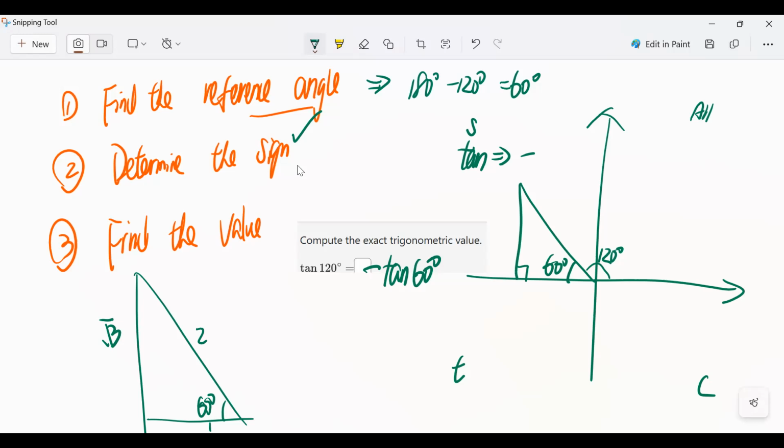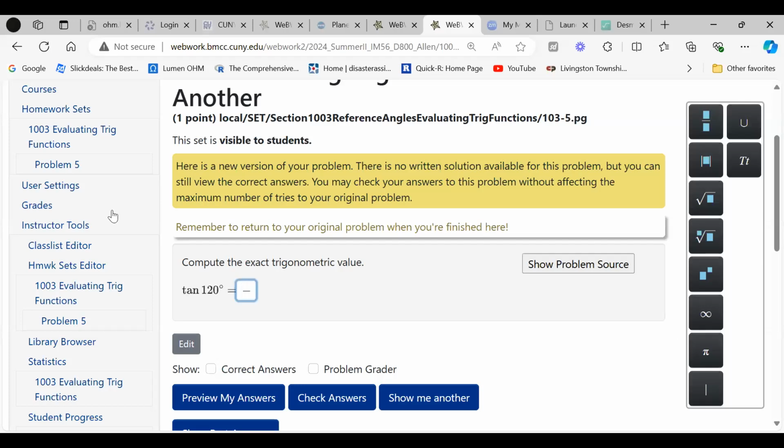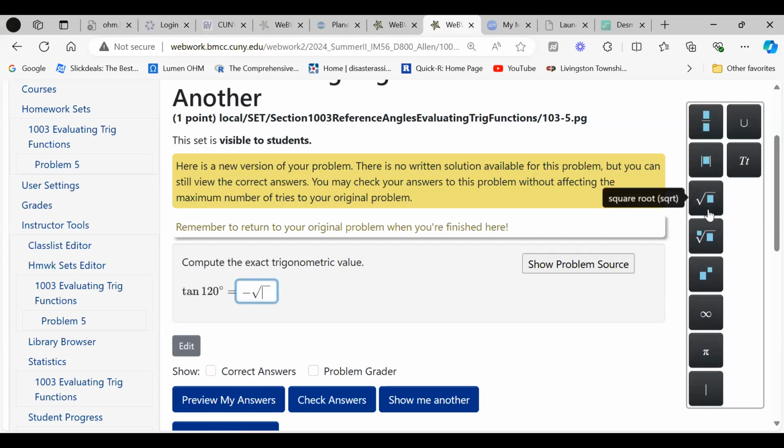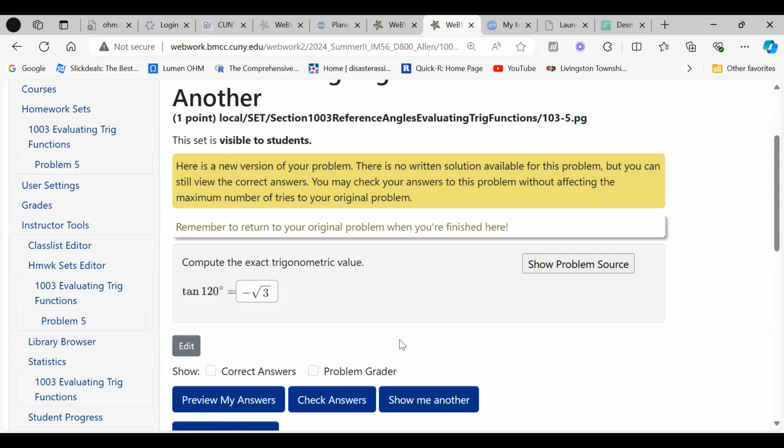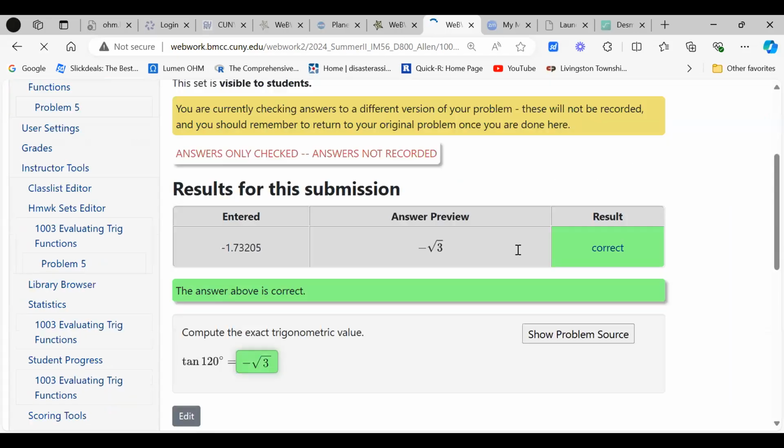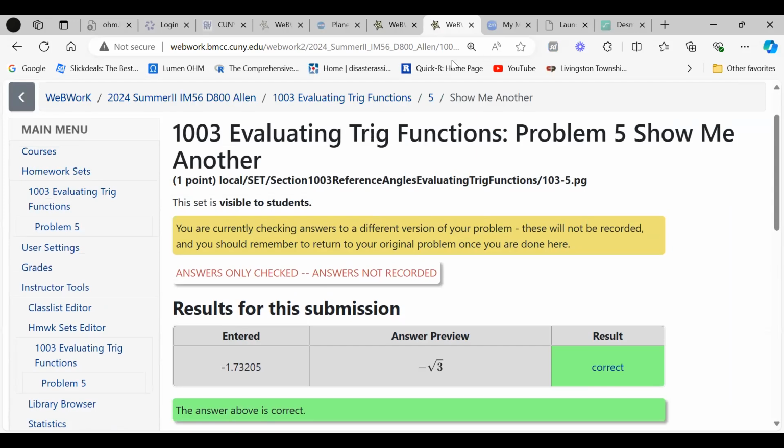So tangent 60 will be opposite over adjacent, so it's minus radical 3 over 1. So it's minus radical 3. All right, any question about this? So the answer is minus radical 3. Yeah, check it. It's the correct answer.